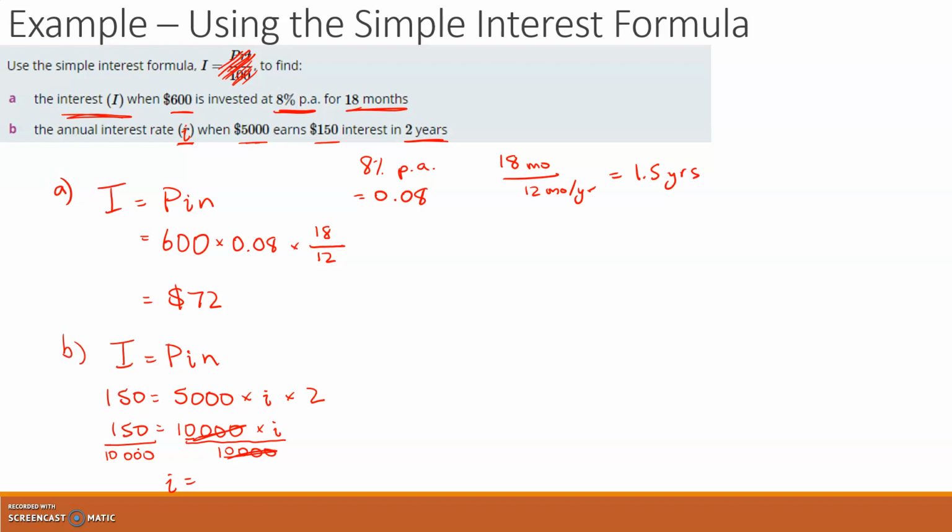So on my calculator, I'll type that in, and I get 0.015. Now that's the interest rate as a decimal. So now let's just express that over here, 0.015. Let's express that as a percentage by multiplying it by 100%.